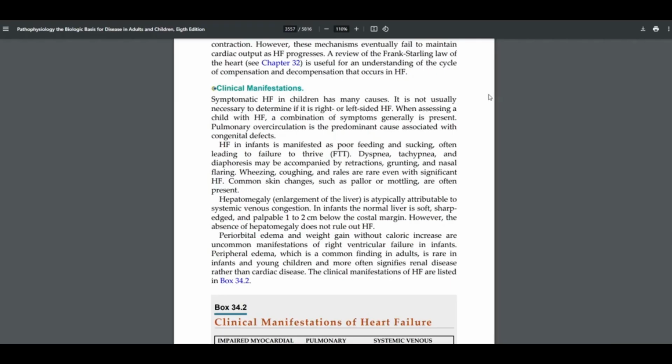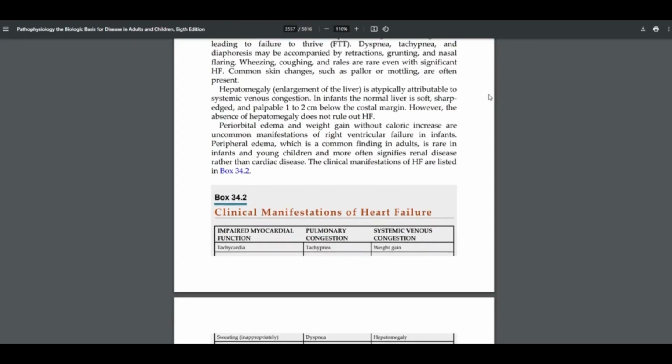Periorbital edema and weight gain without caloric increase are uncommon manifestations of right ventricular failure in infants. Peripheral edema, which is a common finding in adults, is rare in infants and young children, and more often signifies renal disease rather than cardiac disease. The clinical manifestations of heart failure are listed in Box 34.2.